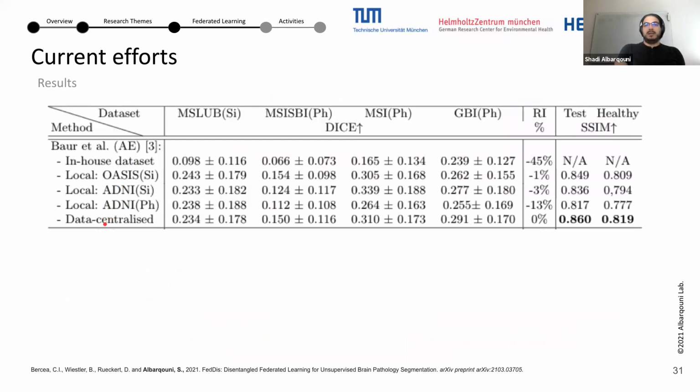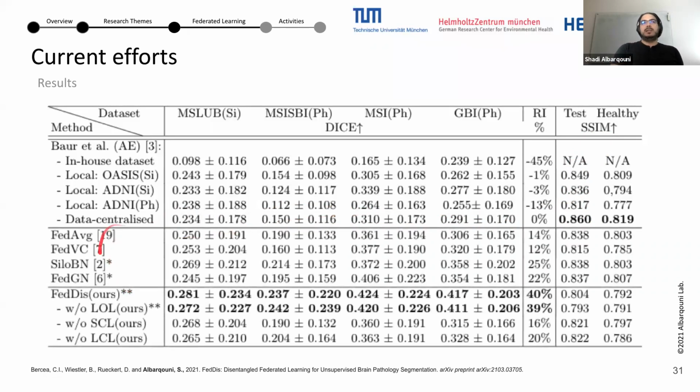And what you could observe here is that the data centralized one is indeed outperforming all these data clients in the reconstruction, and this is reflected in the reconstruction fidelity, the structural similarity index, and it was also able to detect the anomalies and segment them better than the local models, and that was reflected in the dice coefficient.